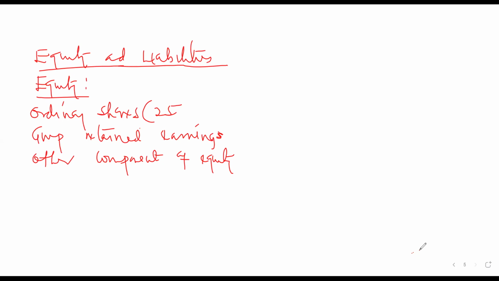What will be the other one? NCI. So we have the non-controlling interest. After we have canceled our investment with the shares, the portion that we are not having control over will be there for them.